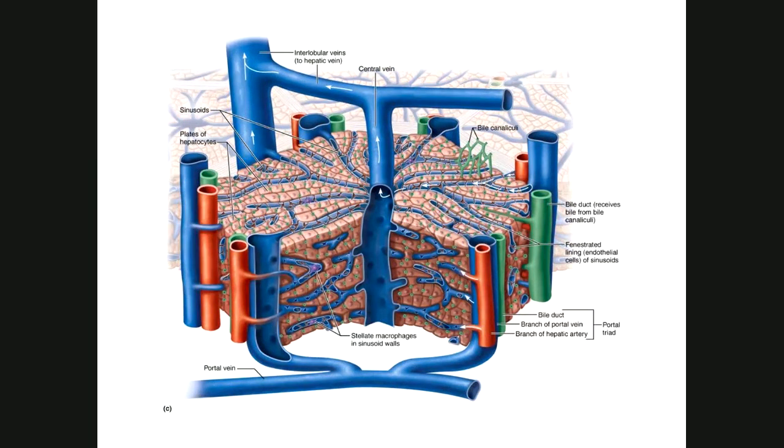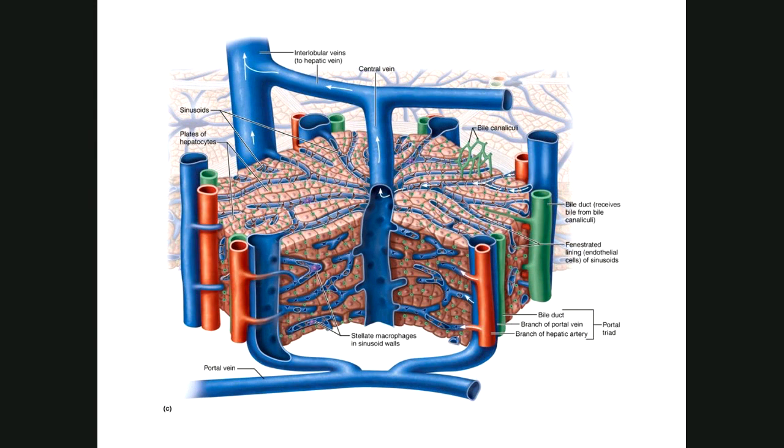In each corner of the lobule there is a branch of hepatic artery which supplies oxygen, a branch of hepatic vein which brings nutrient-rich blood from the intestine. And we have also those green things that you are seeing, the bile duct.